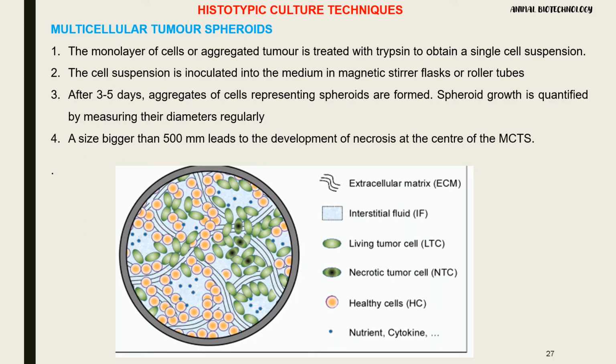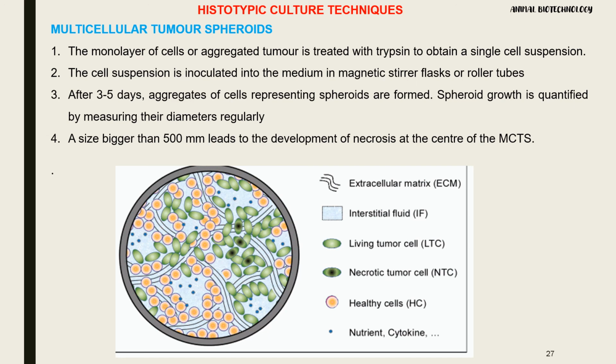Another method of histotypic culture technique is multicellular tumor spheroids. In this method, monolayer cells or aggregated tumors are first treated with trypsin to obtain a single cell suspension. The cell suspensions are inoculated into media in a liquid stirrer flask or roller tubes.